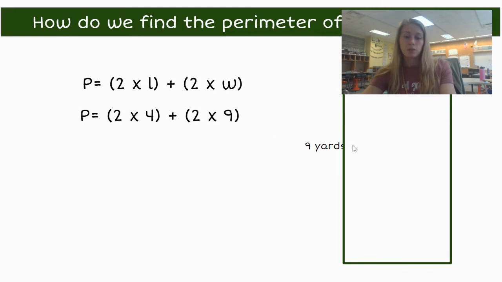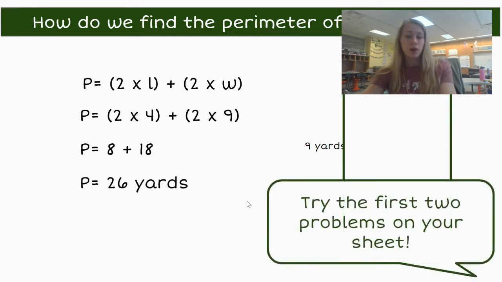All I need to do is double each of them. So I'm going to multiply 2 times 9 and 2 times 4. This is going to give me 2 times 4 is 8, and 2 times 9 is 18. Once I solve for the parentheses, then I can add together to get a total of 26 yards.